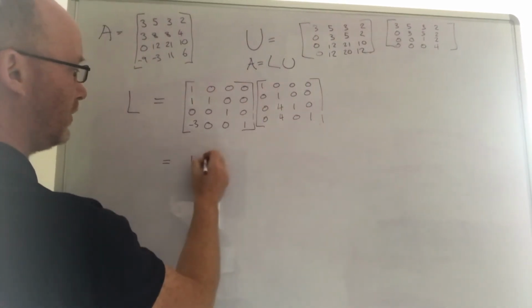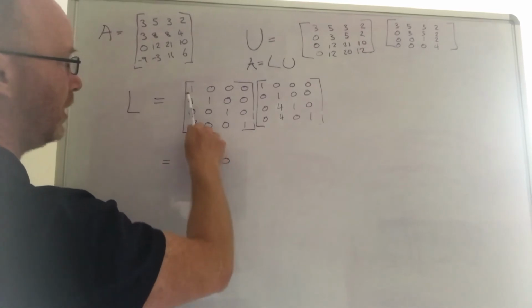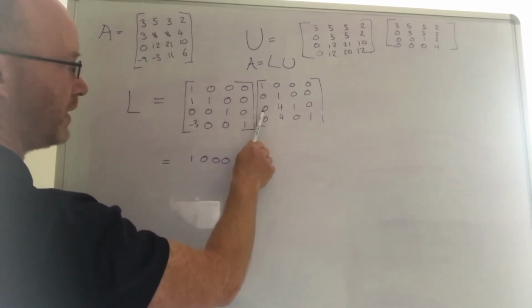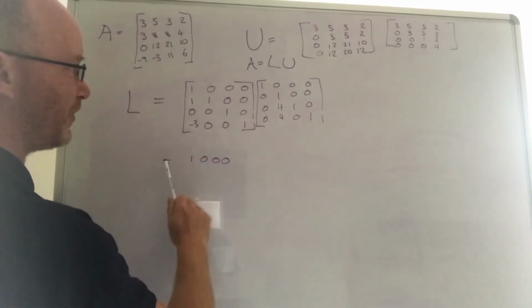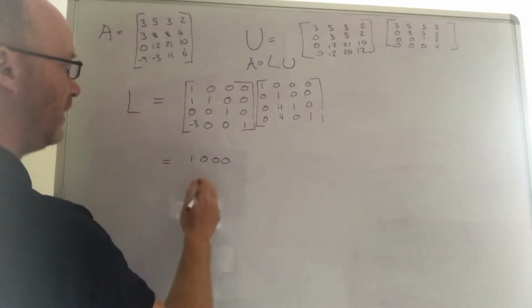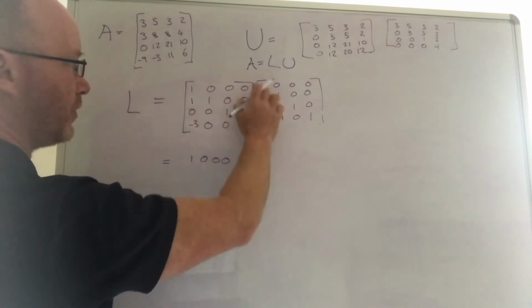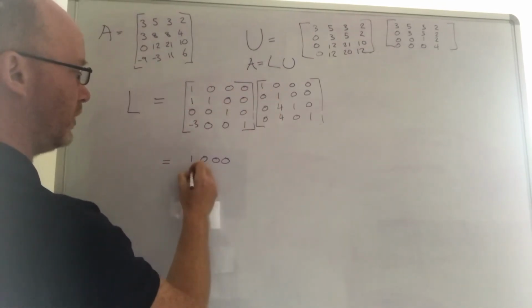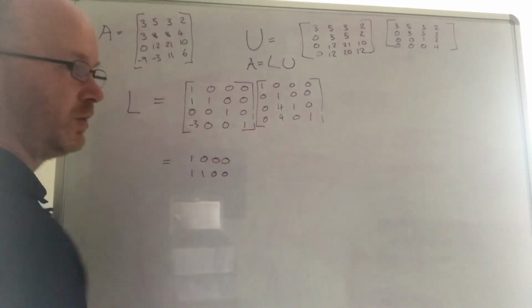As you can see, if we look at the rows perspective, 1 times that row plus 0 times that row plus 0 times that row plus 0 times that row gives you the first row. The second one is going to be 1 times the first row plus 1 times the second row, so that's going to give us 1 1 0 0.